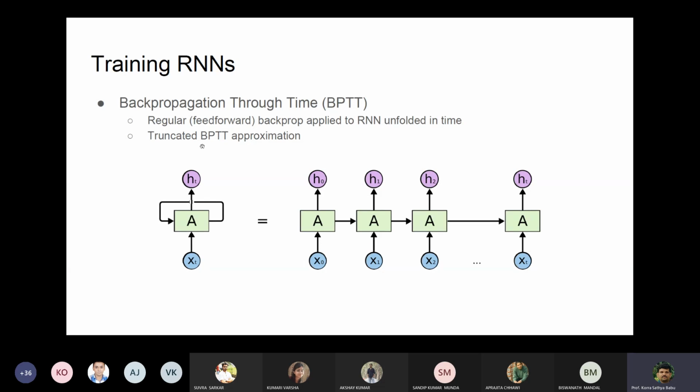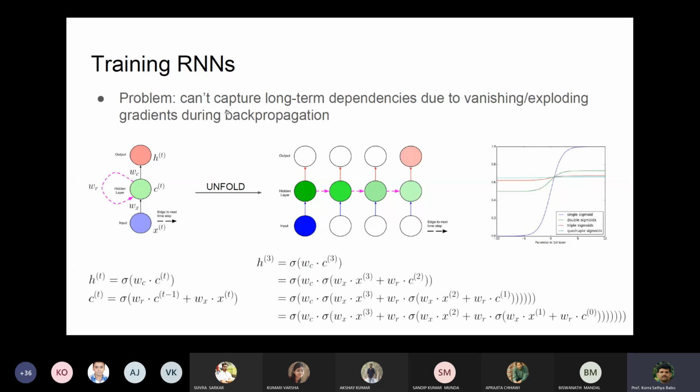We also saw yesterday how the backpropagation takes place. Now the problem here is that it can't capture long-term dependencies due to vanishing or exploding gradients during the backpropagation, right?